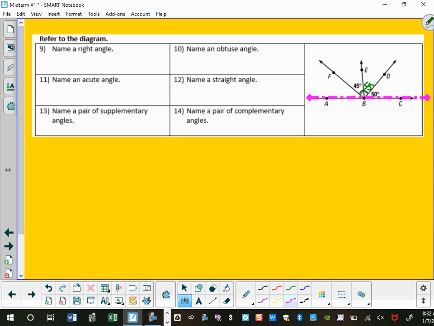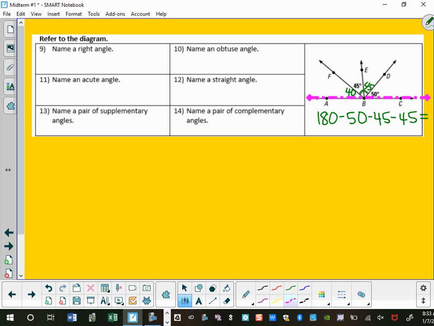What can I subtract to find that final one? 180 minus 140. Yes, it's going to be 40. Nate's thinking ahead, which is good. But if you want to do 180 minus 50 minus 45 minus 45, what do you get? 40. That's what's left over here.